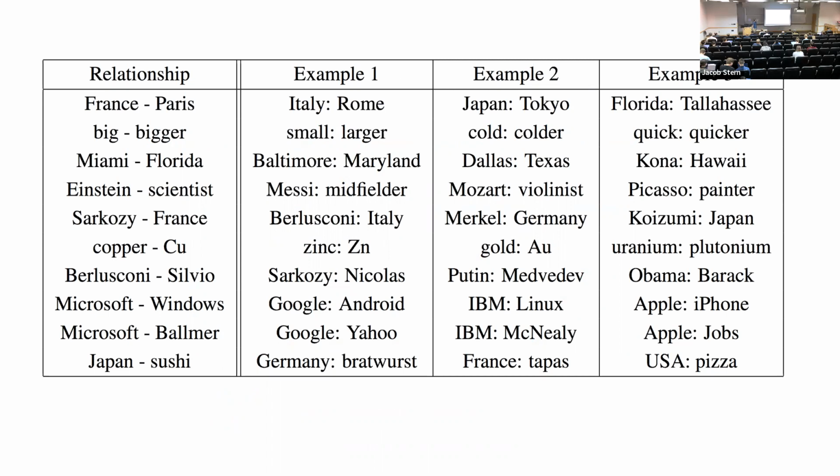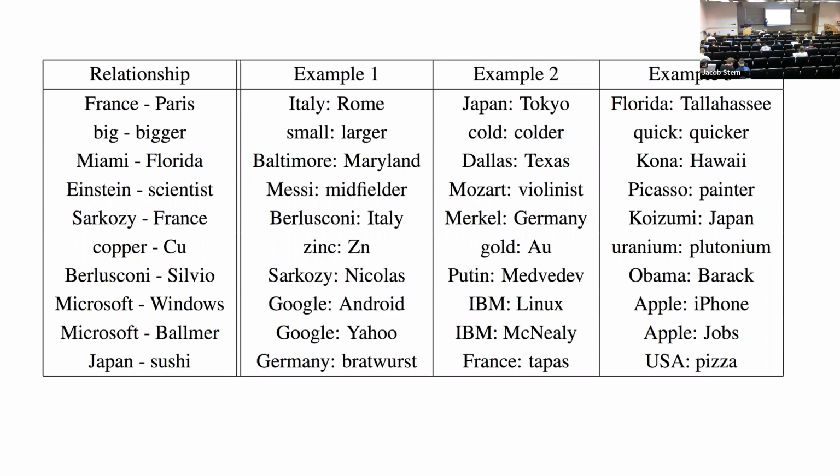So a couple of other examples of this analogical reasoning. We're going to start with a known relationship, France to Paris. Suppose we want to know what is the capital of a state.